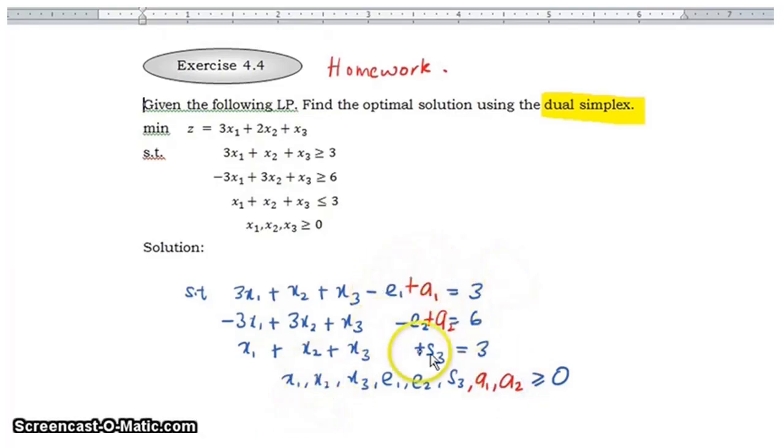Because we have artificial variables in first and the second constraint, we can solve this problem either by using Big M method or two-phase method.